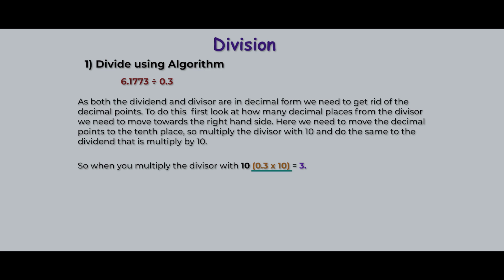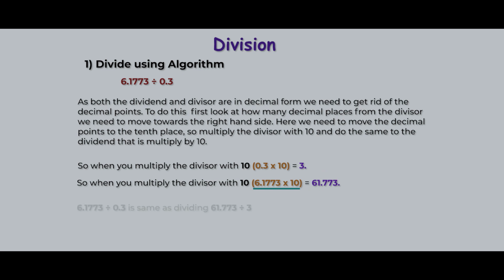So, 0.3 multiplied by 10, you get 3. 6.1773 multiplied by 10, you get 61.773. So, 6.1773 divided by 0.3 is the same as 61.773 divided by 3.